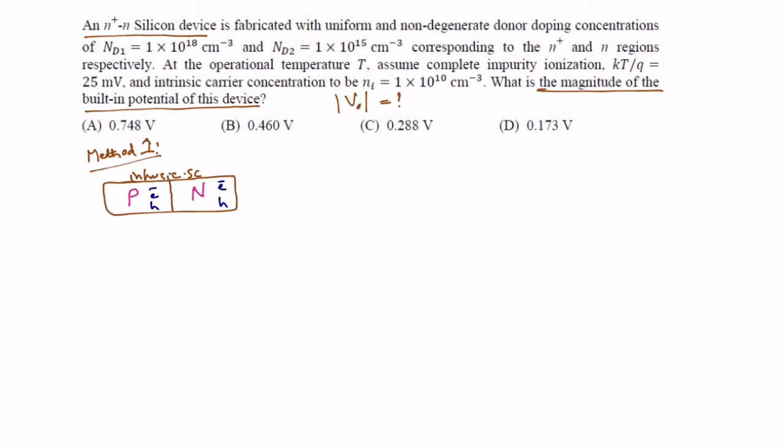So that means there must be a difference between the energy levels on both sides. Since P and N are different, there is an energy level difference, which is called the potential barrier energy.